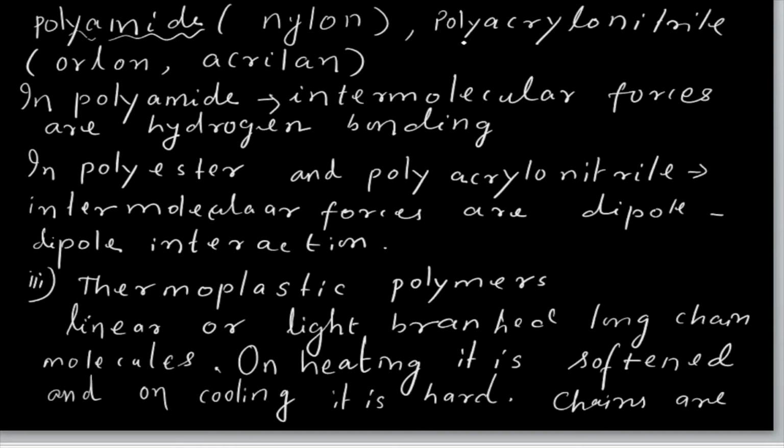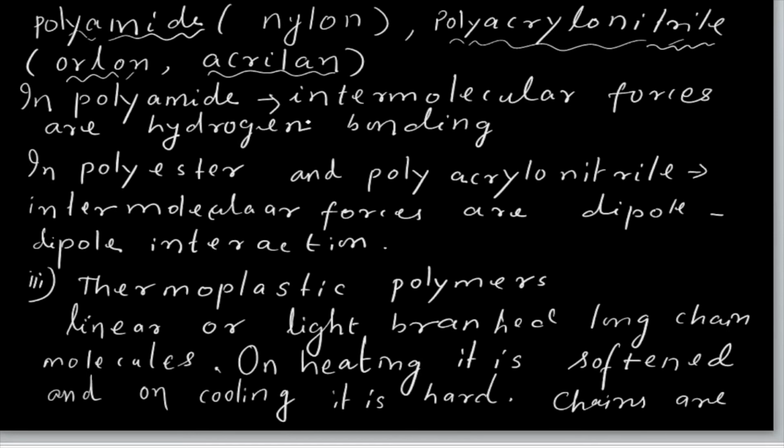Polyacrylonitrile is also one type of synthetic polymer, known as Orlon or Acrilan. Nowadays woolen clothes are not coming from natural sources because it is too costly and not so available in the market, so you can use Orlon and Acrilan, different types of polymers.